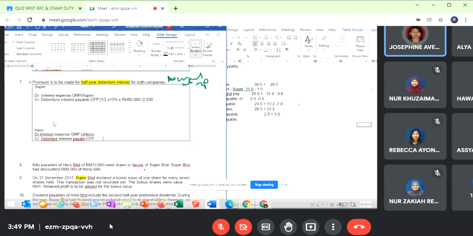The interest is half of 10% multiplied by the nominal value of the debenture, 20,000.